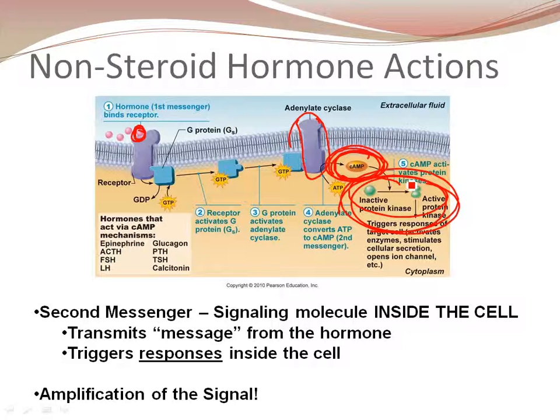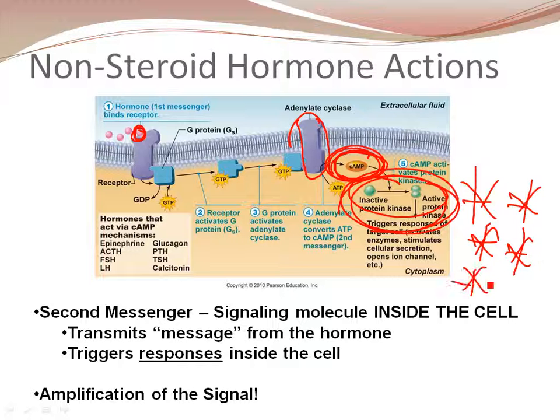So you have amplification from a little bit of hormone to a whole bunch of activated enzymes that are going to cause changes in our target. So keep that in mind as well. A little bit of hormone can lead to a dramatic response because of that.